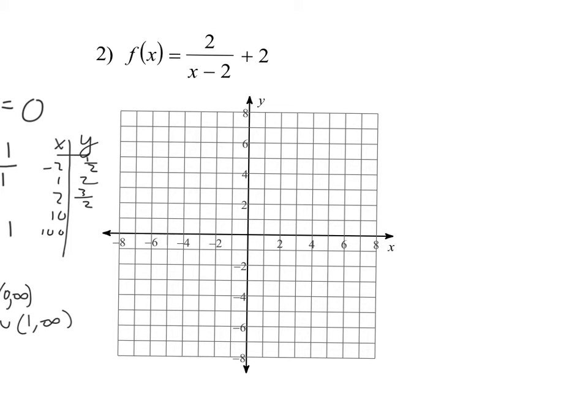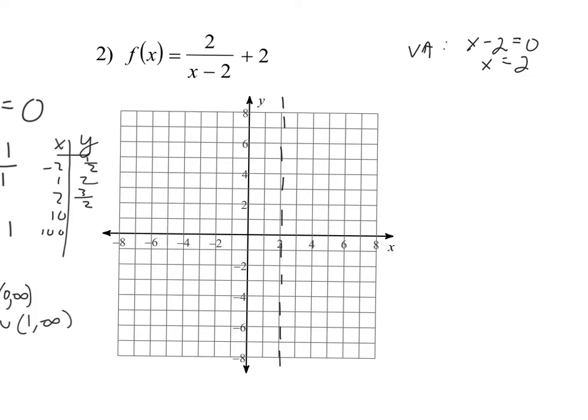Vertical asymptote is when you set the denominator equal to 0. I mean, obviously in this problem it's going to be 2. Okay, x equals 2 is a vertical line. So we draw this vertical line right here. Dotted line. It's not really part of the graph. It's a guideline, a line showing you what something's getting closer and closer to.